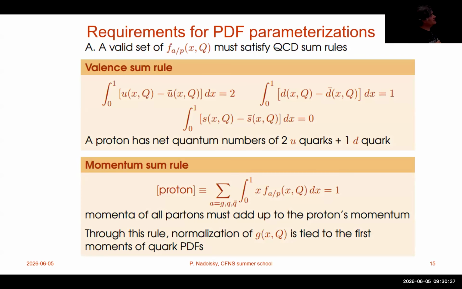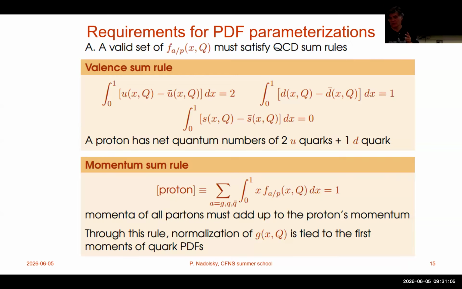Now, the first requirement is that they must satisfy so-called QCD sum rules. Have you heard about these QCD sum rules before? Let's say, for example, we take the u and ubar PDFs. If you take the difference, u minus ubar, this is called the non-singlet minus, or in simple parlance, the valence u quark PDF.